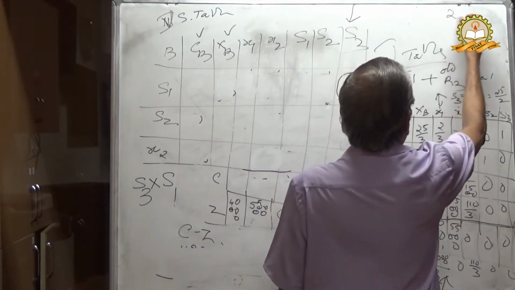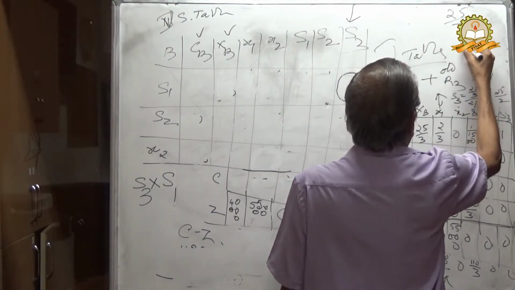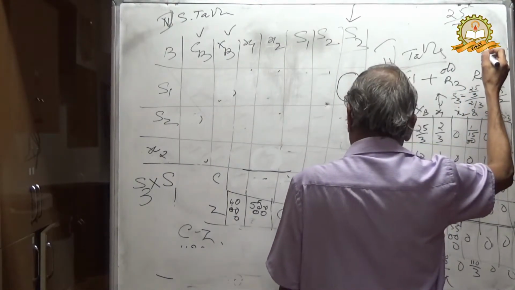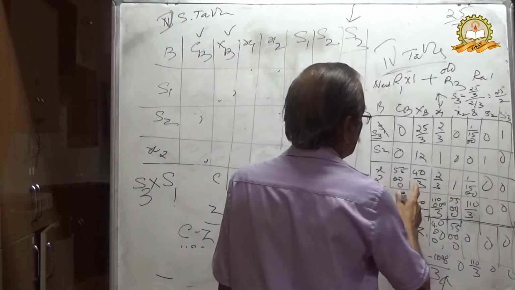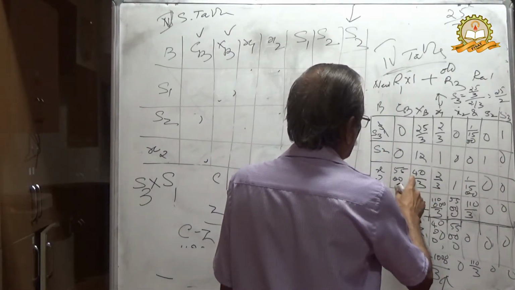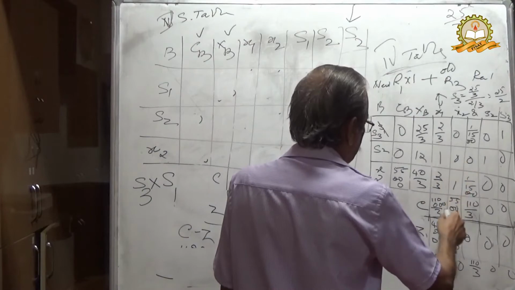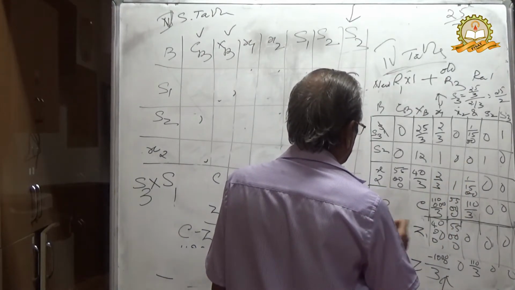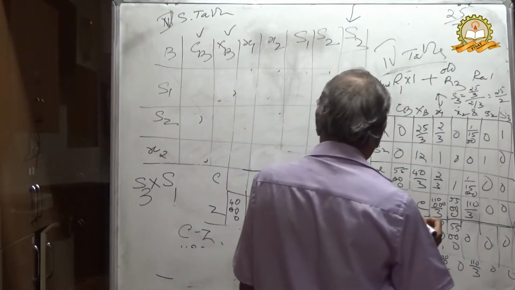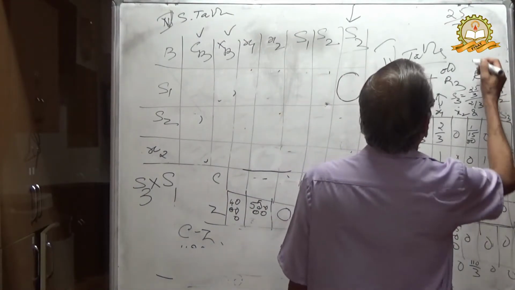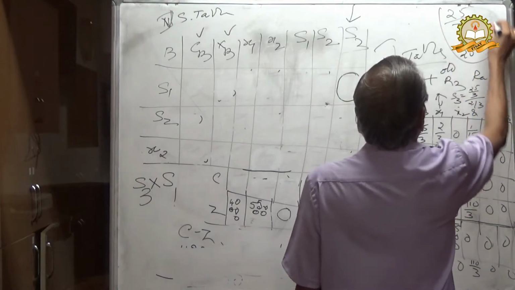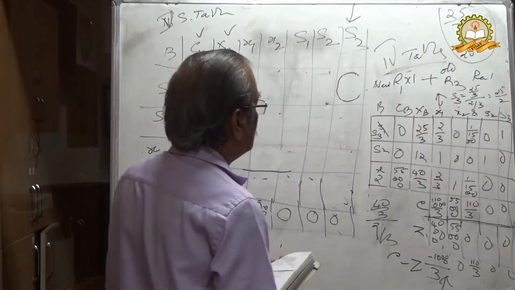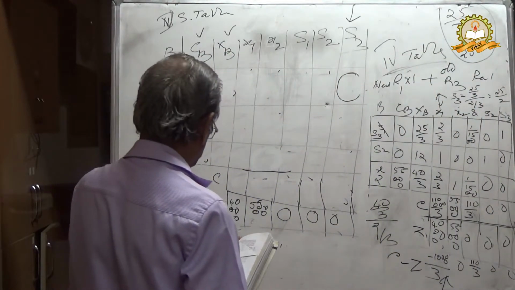The third ratio will be 40 by 3 divided by 2 by 3 equal to 20. Therefore, the ratios are 25 by 2, 12, 20.